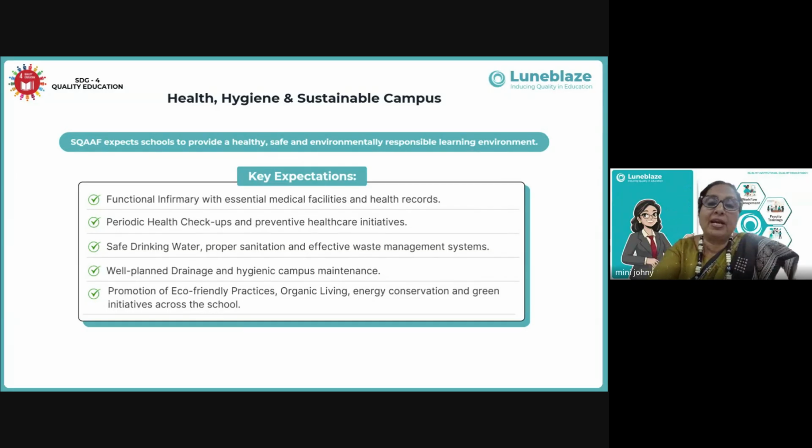Functional infirmary, we have an infirmary, whether it is functional or not, with essential medical facilities and health records, periodic health checkups and preventive healthcare initiatives, safe drinking water systems, well-planned drainage, hygienic campus maintenance, promotion of eco-friendly practices, organic living, energy conservation, green initiatives across the school. They have given very clearly what are the alert points for CBSE.